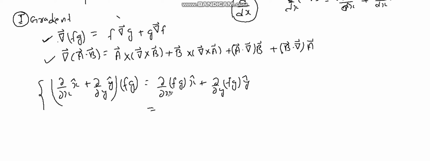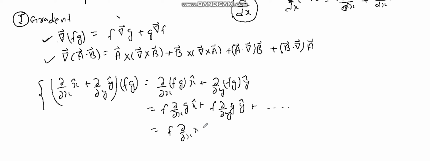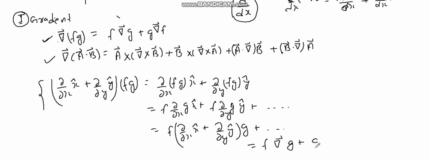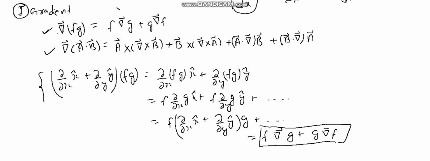Once we expand this, we get the x cap term, and in a similar way we get the other term. So it can be written as f del of g, and in a similar way g del of f can also be figured out. In this way we can prove the first one.